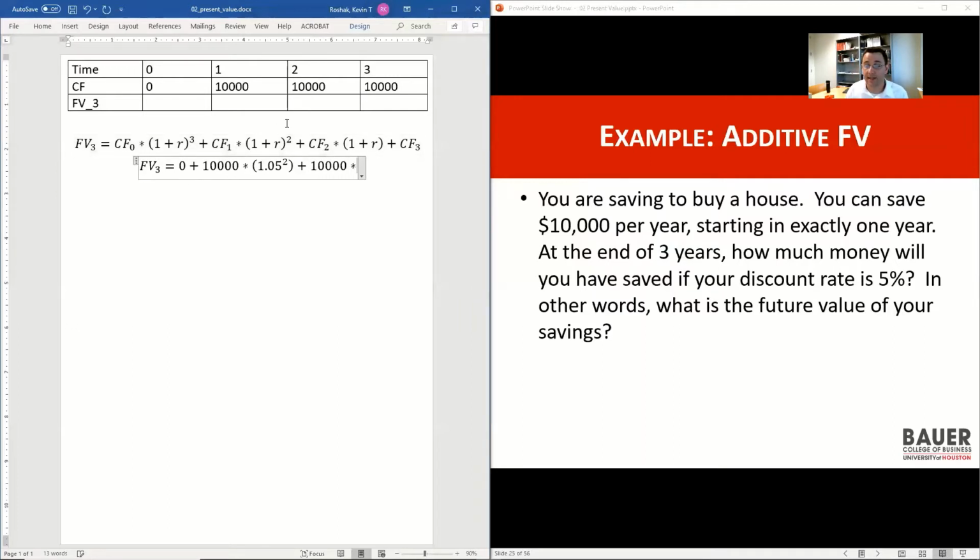We have to bring the second cash flow 1 period to bring it from time 2 to time 3. And then that last cash flow, we don't have to touch at all. It's sitting exactly where we want it to. So we put all of that into our formula. And that gives us 31,525.